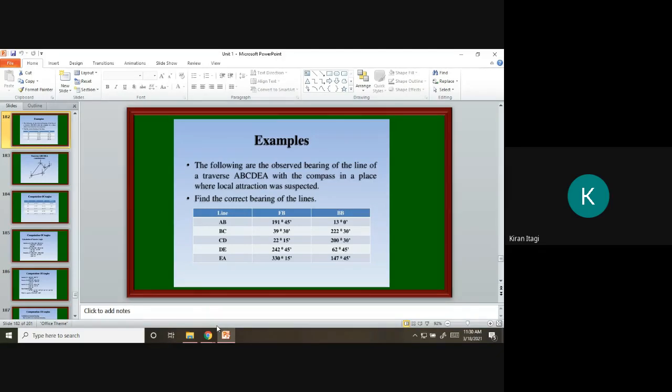In leveling, you have introduction, types, benchmark, study and use of dumpy level, auto level, digital level, laser level, different types of leveling instruments. Principal axis testings are there. Permanent adjustment, reciprocal leveling. Very simple topics are there.